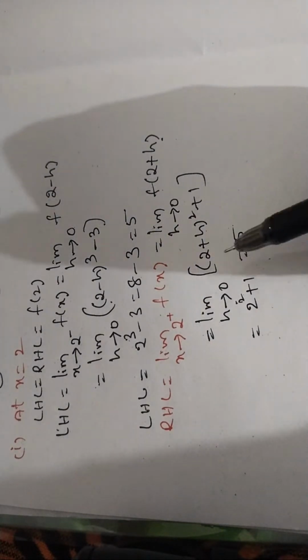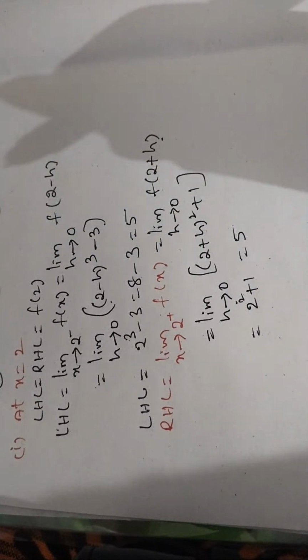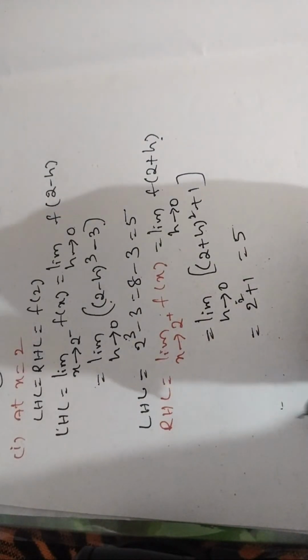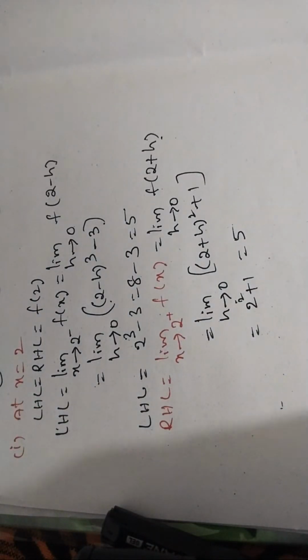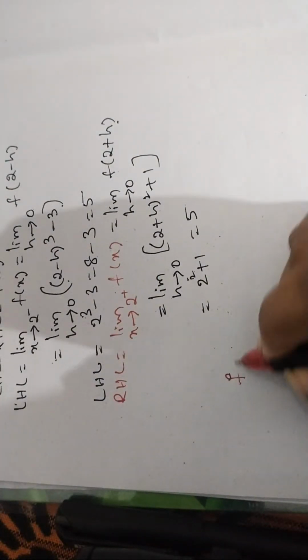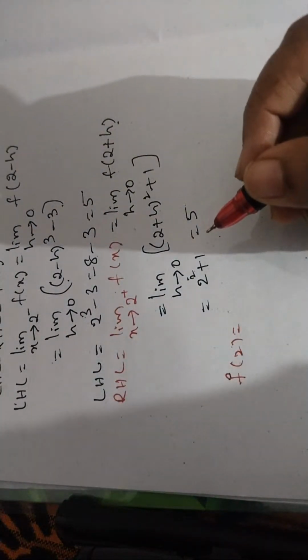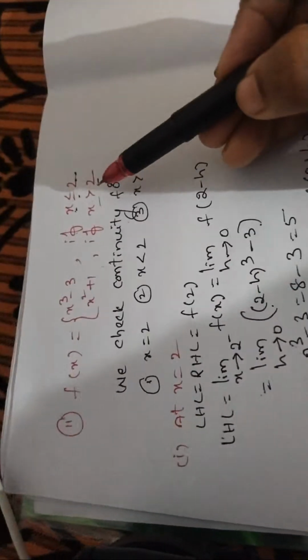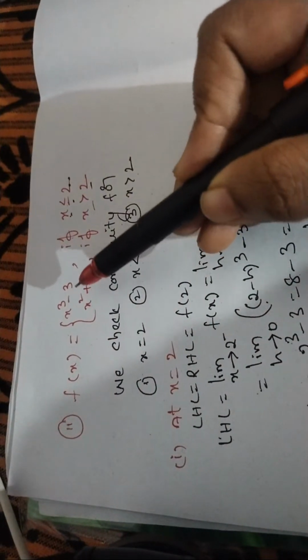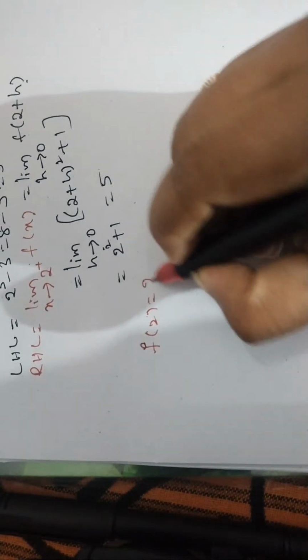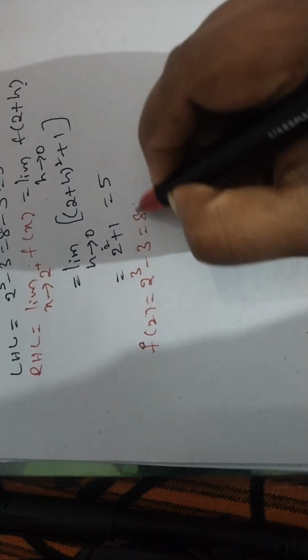And next go for the f of 2. f of 2 means when x is equals to 2, what is the function? When x is equals to 2, the function is x cube minus 3. So, x cube, what is x here? 2. 2 cube minus 3, 8 minus 3.